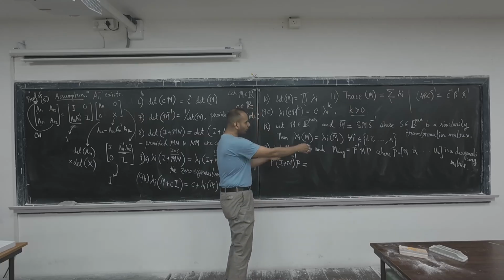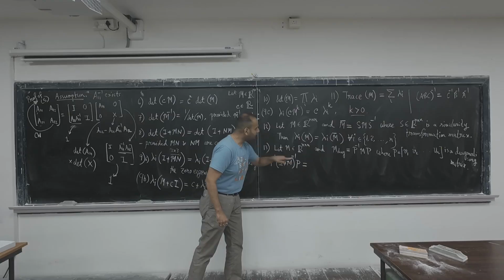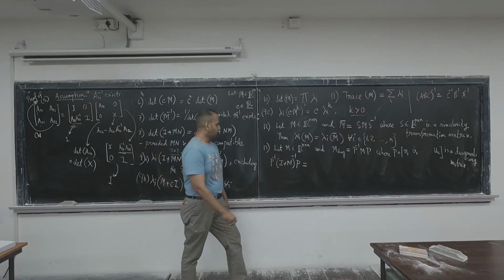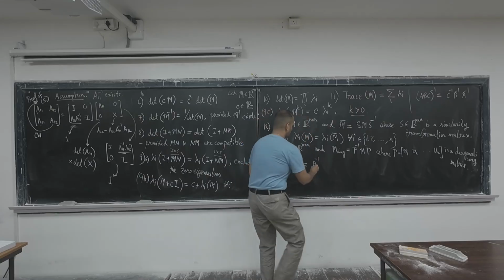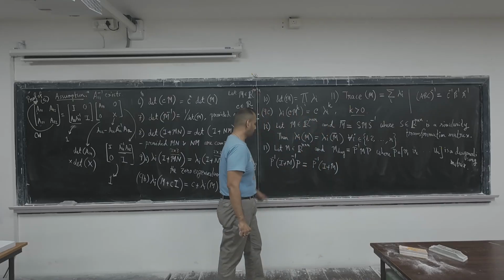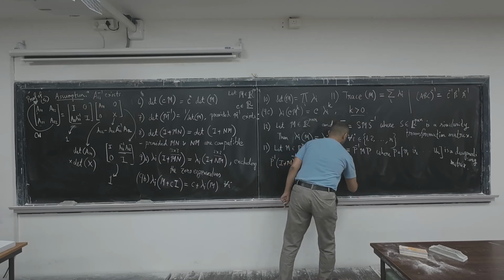I want the whole inverse formula for this bit. Suppose this is as if A inverse, B inverse, C inverse. Then it is P inverse, I plus M into P, whole inverse.